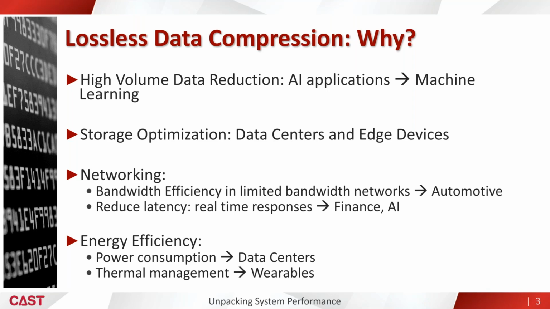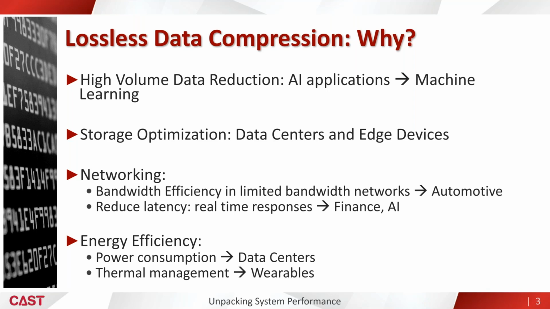Another application where lossless data compression is used is storage optimization for data centers and edge devices. As you obviously understand, in data centers, huge volumes of data are stored, and therefore, in order to store this data, you need hardware.